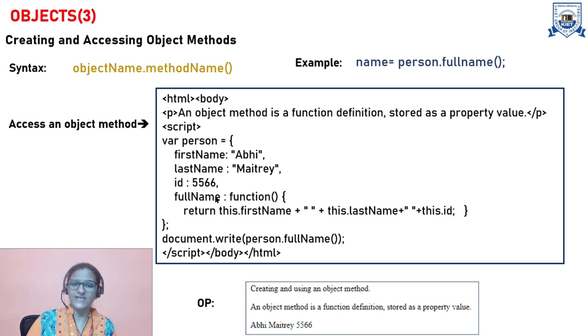That's why we are calling it with the help of this object name person, like this: document.write person.fullName. This way we can use it, and fullName is associated with this function, and the function is returning the first name, the last name, the id. So definitely it will display the value. The first name is Abhi, last name is Matre, and id is 5566. This will be your output.